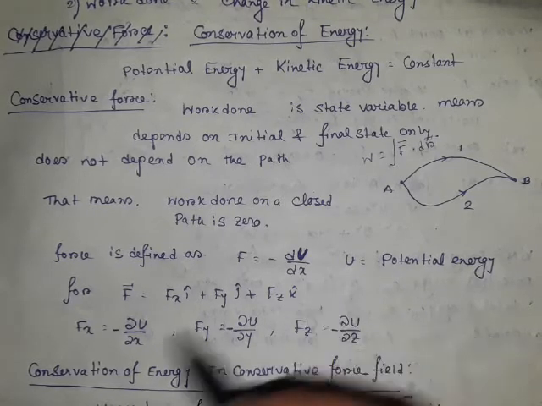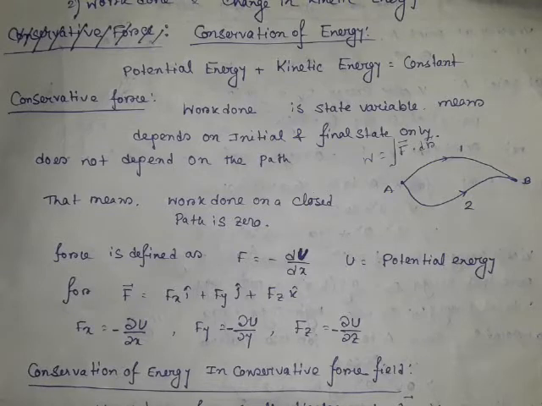Gradient is the spatial variation, so it is dU/dx, dU/dy or dU/dz. That is the variation of potential energy per unit distance along x. Any derivative with respect to space, that means x, y or z, is termed a gradient.